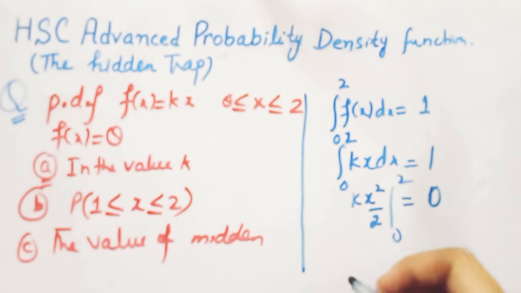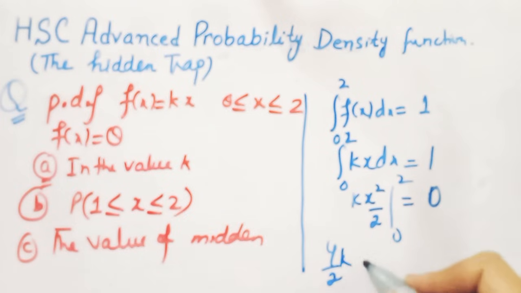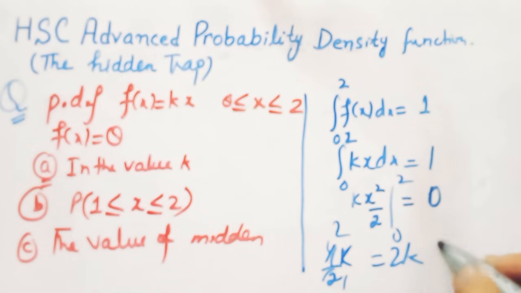In place of x we substitute 2, so 2 squared is 4, 4 by 2 k, and minus 0. So this is 2k, and the value of k is 1 by 2. So this is our first answer.